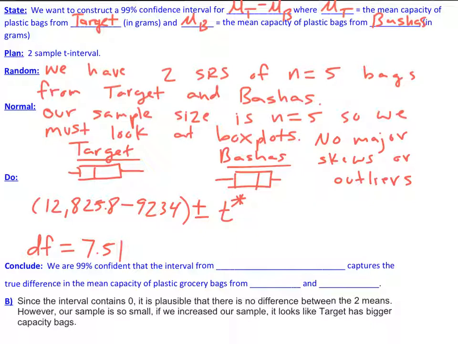If you were to use 4 degrees of freedom, you could get the critical value from the table. That's fine, you could do it, but then you have to simplify the formula to get the interval yourself. You couldn't use the one from the calculator because it's going to use 7.5. I would say use the 7.5, copy down the interval from the calculator, and then just leave the critical value as T star.